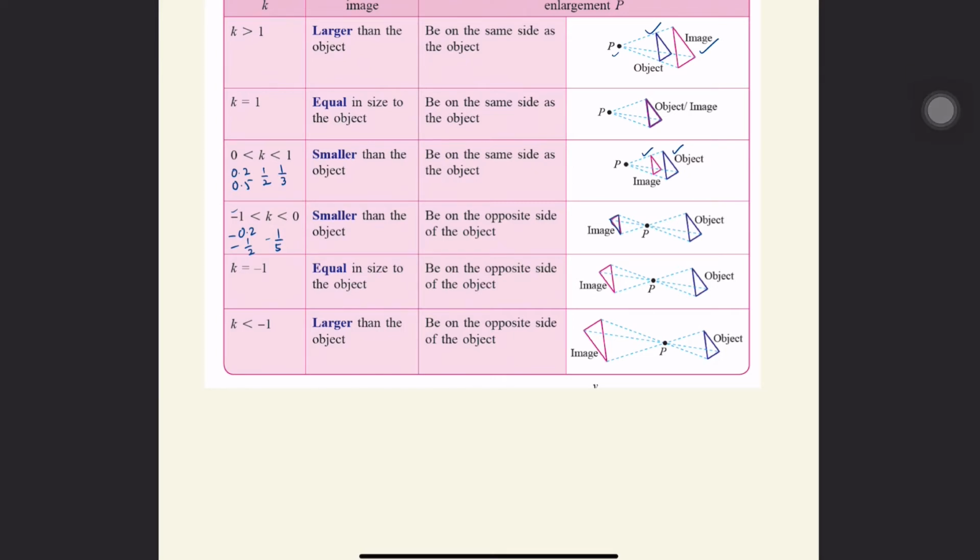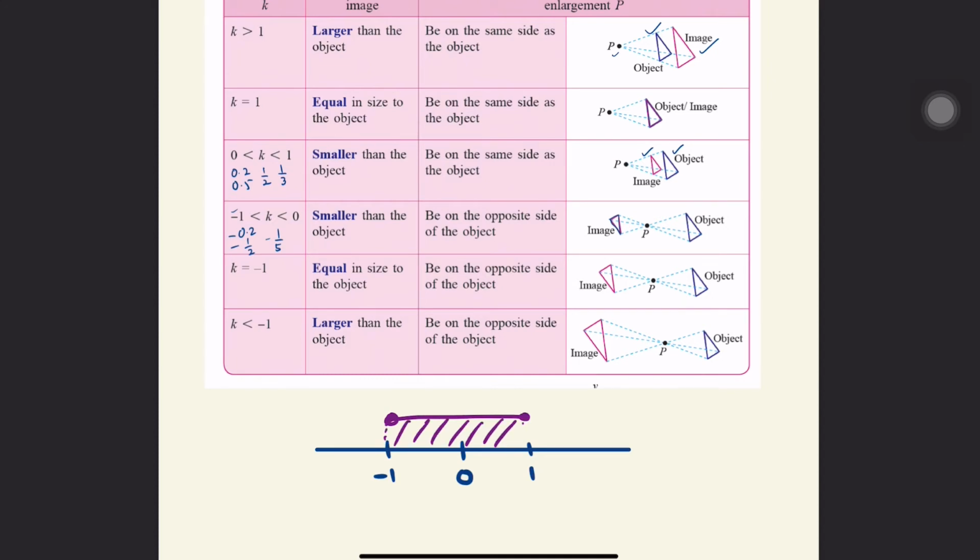Let me help you to memorize this K situation better. Let's put this on the number line. Over here we have 0. Over here we have -1. Over here we have 1. When you have something from -1 to 1, we know this region.